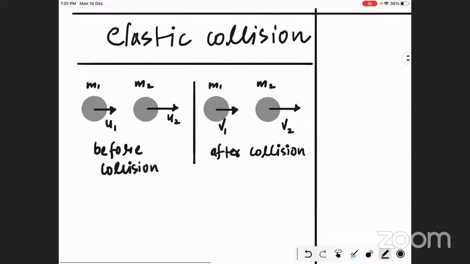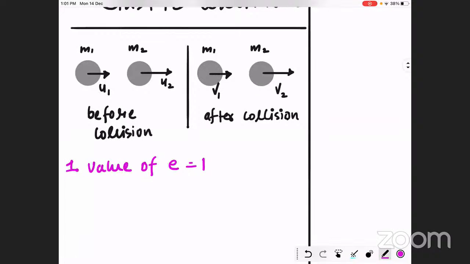So what is the value of e here? The very first point, value of e must be 1. It means velocity of separation upon velocity of approach must be equal. e is equal to velocity of separation v2 minus v1 upon velocity of approach u1 minus u2. I believe you remember this.